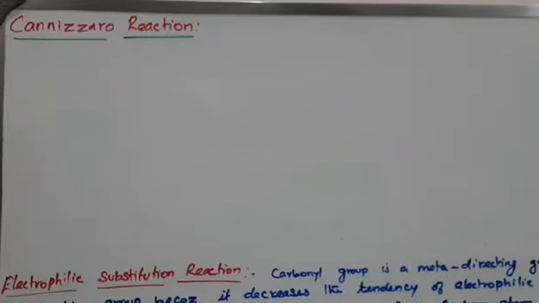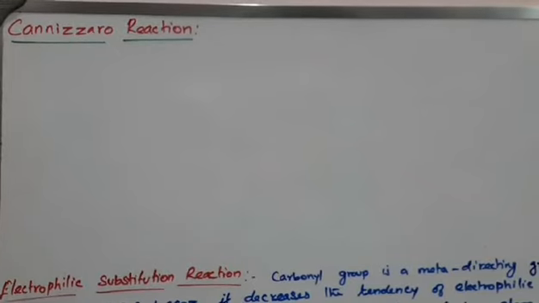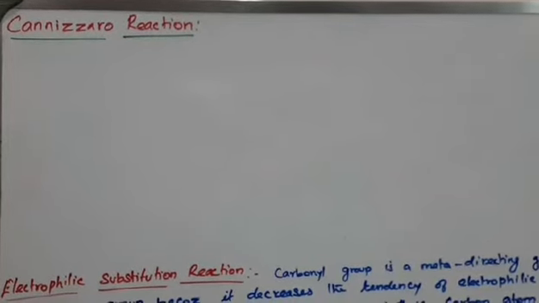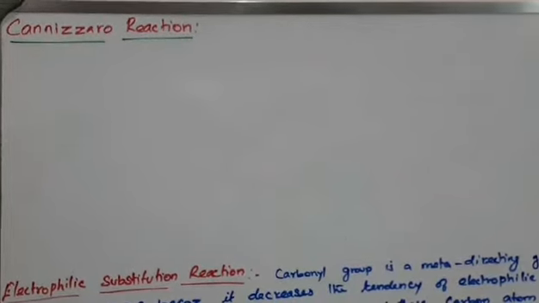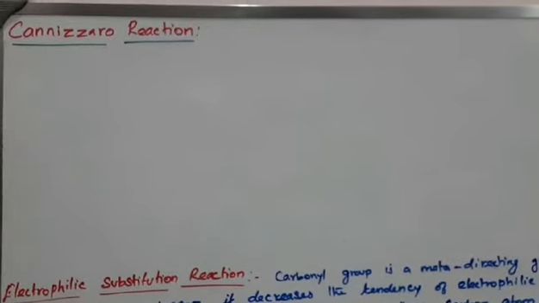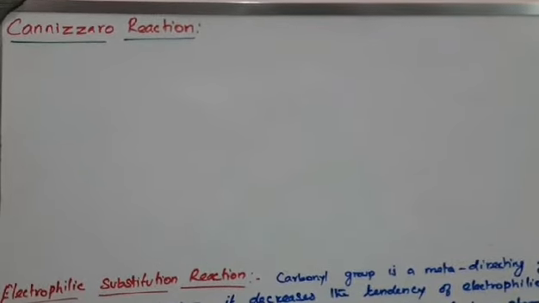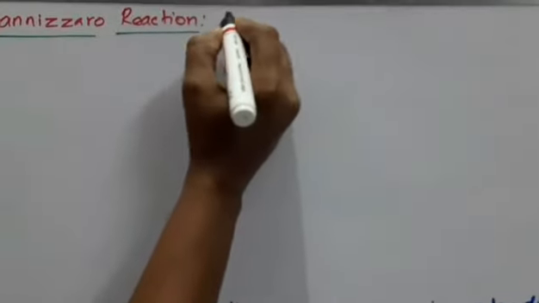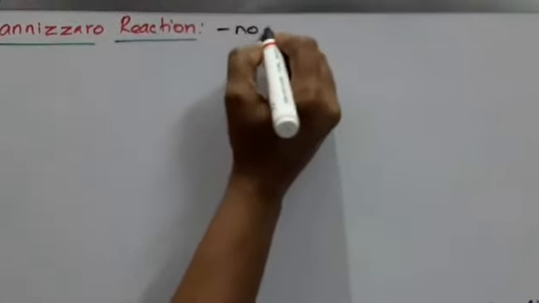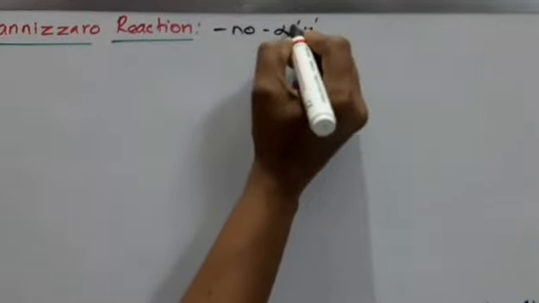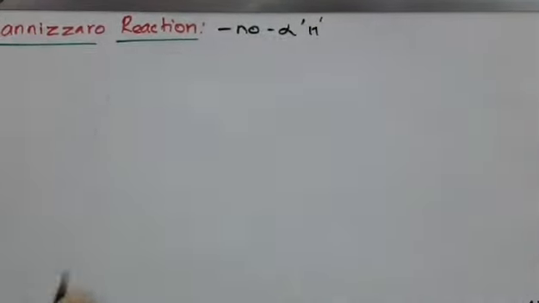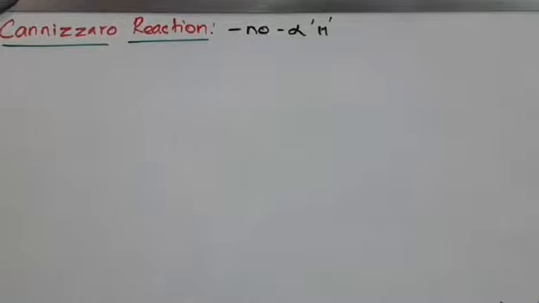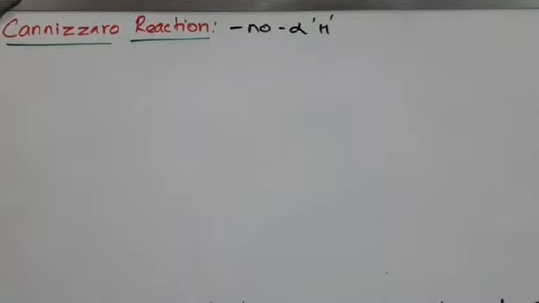Aldol condensation we studied for aldehydes and ketones that contain alpha hydrogen atoms. Here, Cannizzaro reactions have no alpha hydrogen atom. So the difference between aldol and Cannizzaro is having no alpha hydrogen atom. With no alpha hydrogen, it will undergo Cannizzaro reaction.